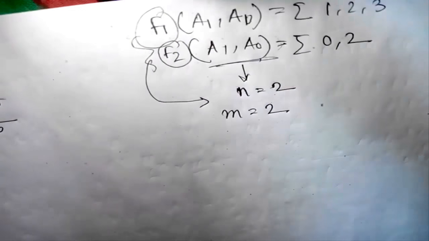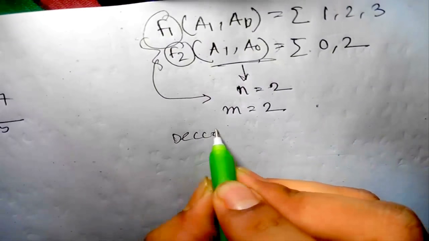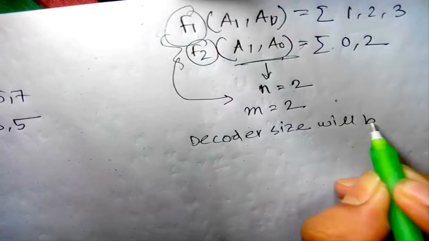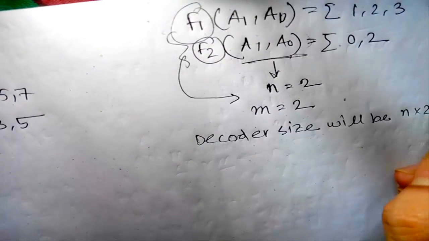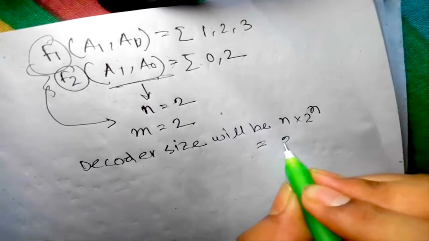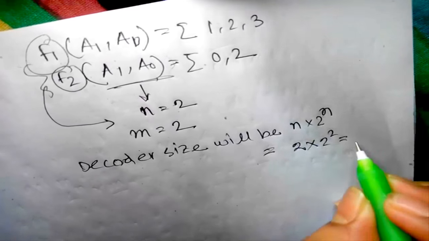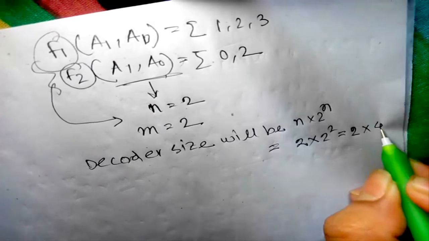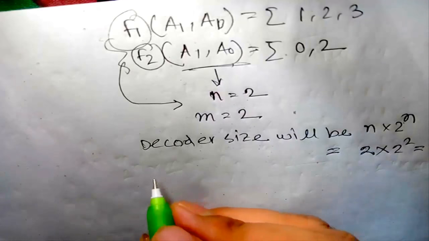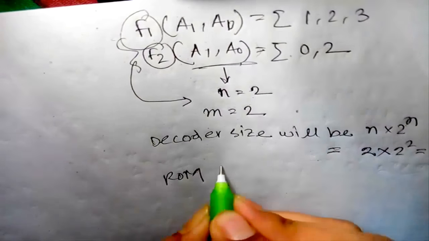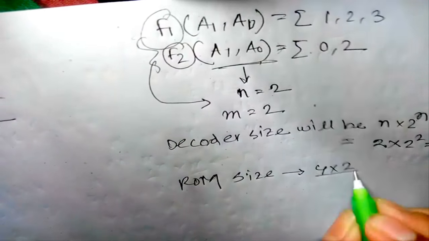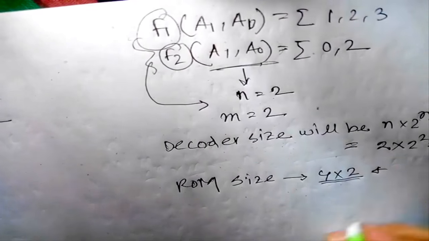So here the decoder size will be n into 2 to the power n, which is 2 into 4, and the ROM size will be 4 into 2, as we discussed before.